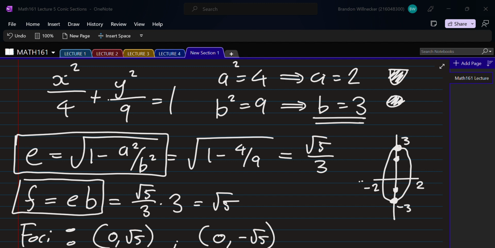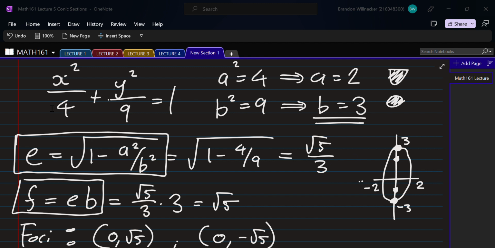You can click on the graph and that will show you any interesting points. Here at the top we've got 0, 3, which is exactly what we calculated for the top vertex. For the bottom vertex, 0, minus 3, again that's what we got. And on the left and the right we've got 2, 0 and minus 2, 0, again that's what we calculated.